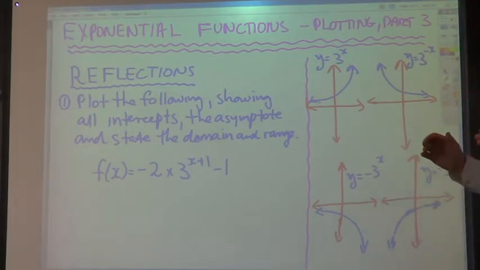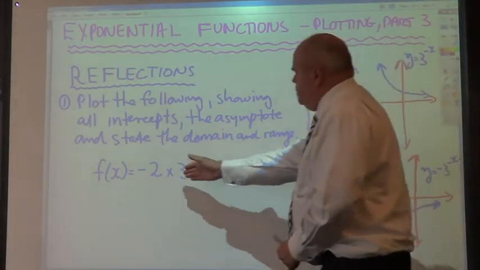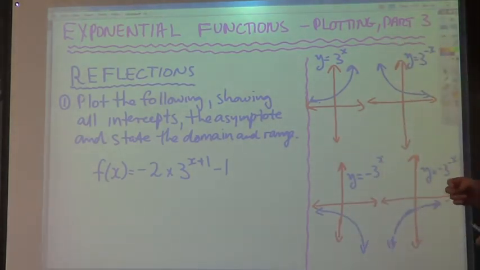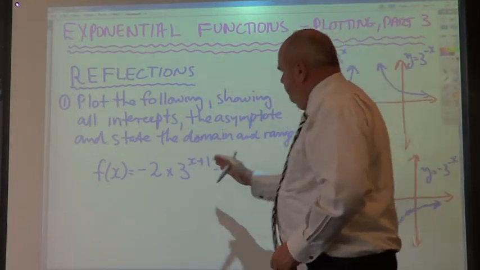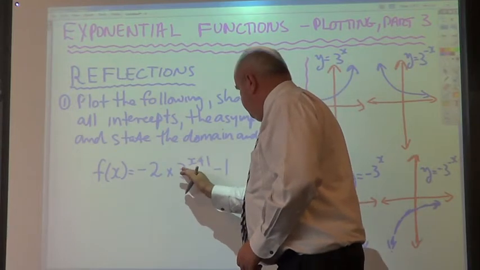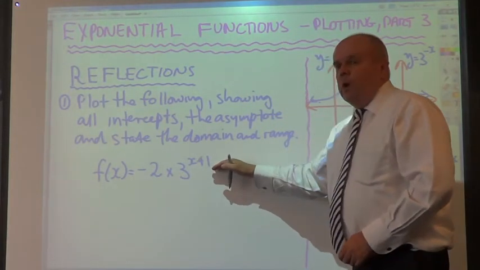The most important thing, I think, when plotting something as messy as that is to understand what shape it is going to be. Now whilst we're on that subject, let's turn our attention to this one here. We've got a negative 2 there, times, and everything around here seems positive. And then you've got a shift downwards of 1.